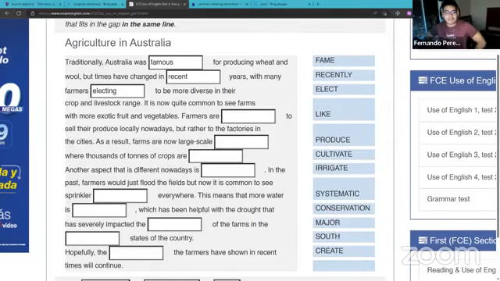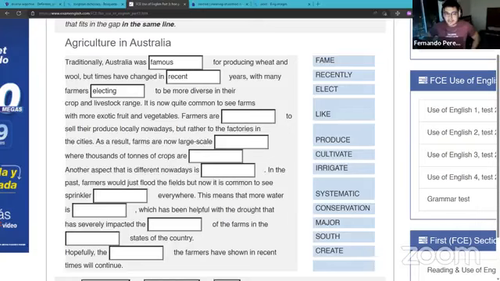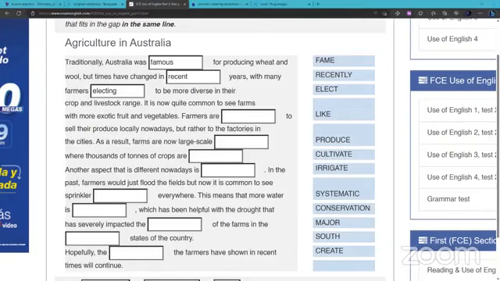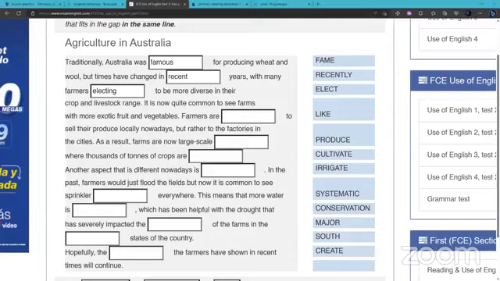Elected, no, because we cannot say elected to be. Or yes, I mean we can say it, but the meaning is different. Many farmers elected to be more diverse. It's like, who elected the farmers, you know? Okay, then if we remove the word recent and to be, could it be elected?